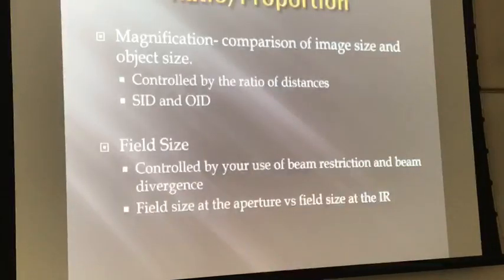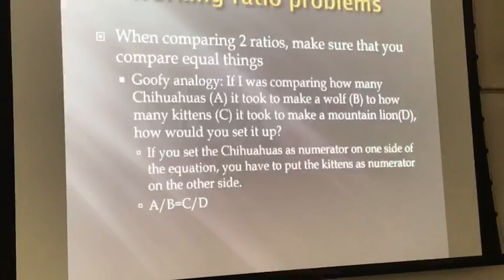All right, so magnification, calculation of magnification, is just ratio problems. What we're comparing there are SID and OID. Field size is another. What we're comparing in field size is the size of the field, basically the collimator, versus the projected field size.